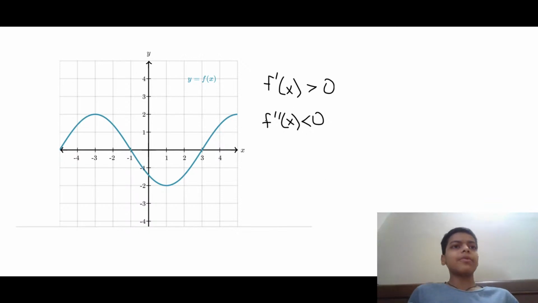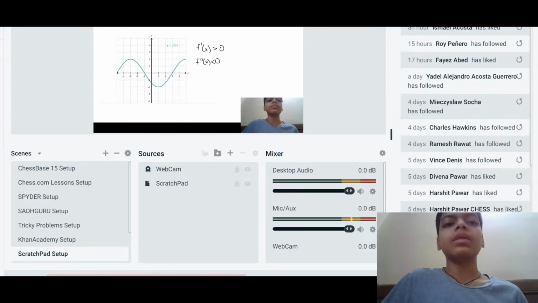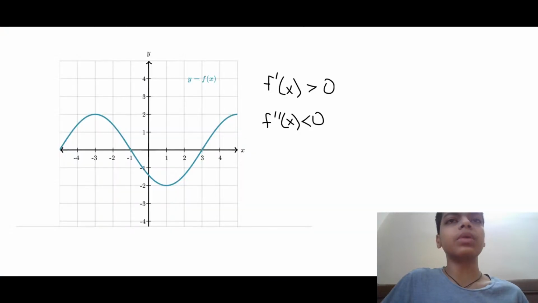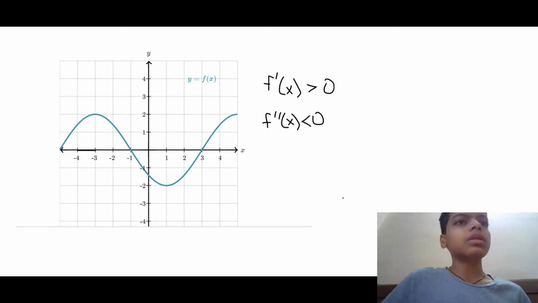So f prime of x in this interval, let's see our options at the same time. -4 to -3, -4 to -3. Okay, so this one, -4 to -1.